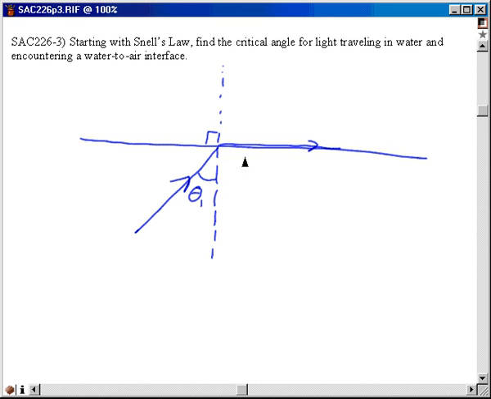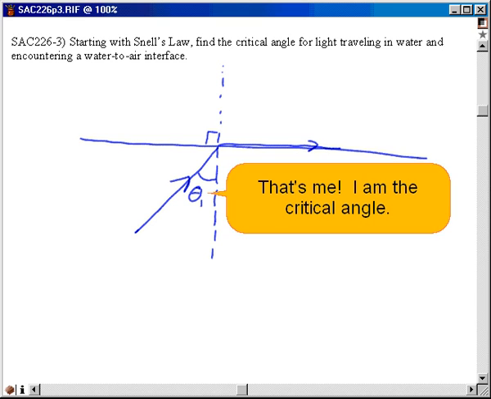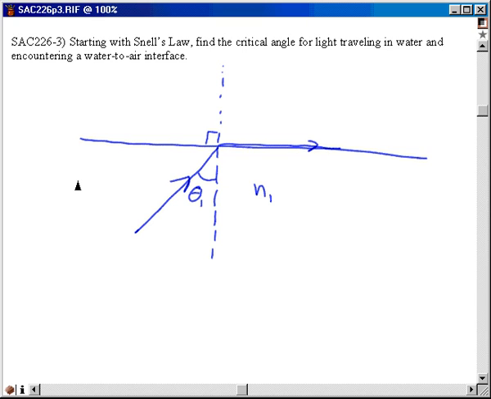That's the critical angle. We're talking about light that's traveling in water, where for water, the index of refraction is 1.33. And on the other side of the interface, we've got air with an index of refraction of 1.00.